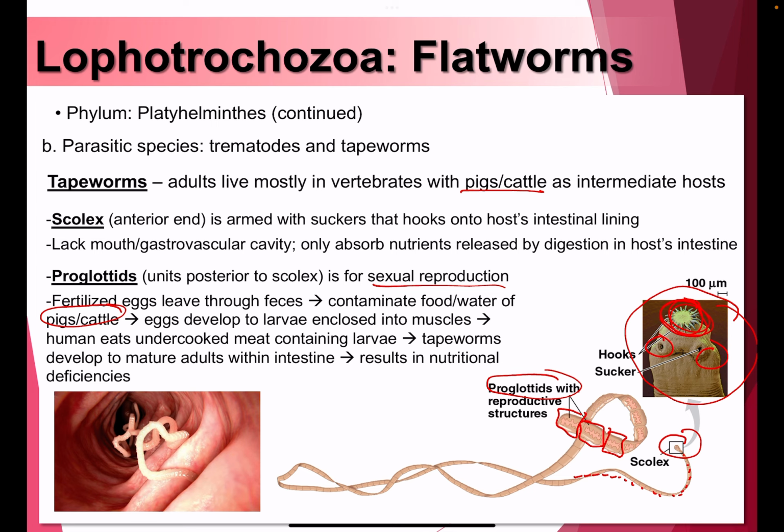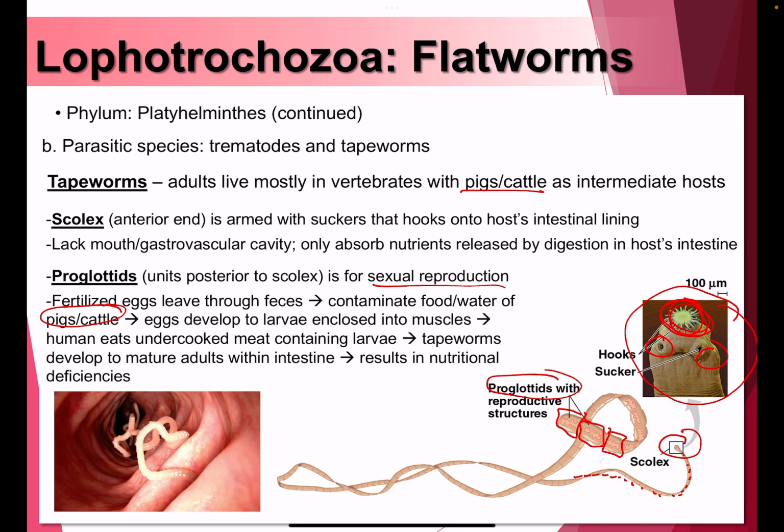Usually most generally consumed pork is not the intestines or the internal organs. Usually we eat their meat, so they encyst themselves inside the muscles to make sure we humans will ingest them, and now we become the final host of these tapeworms.